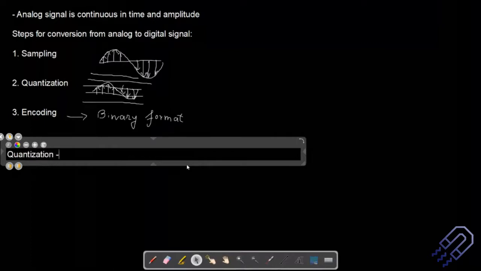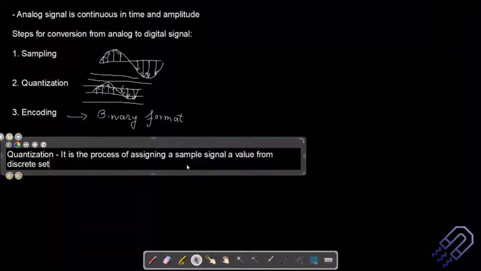You already understand what quantization is, but in this term, it is the process of assigning a sample signal value from a discrete set of values. A sample means the analog signal being divided into different parts. That is the sample that we have.